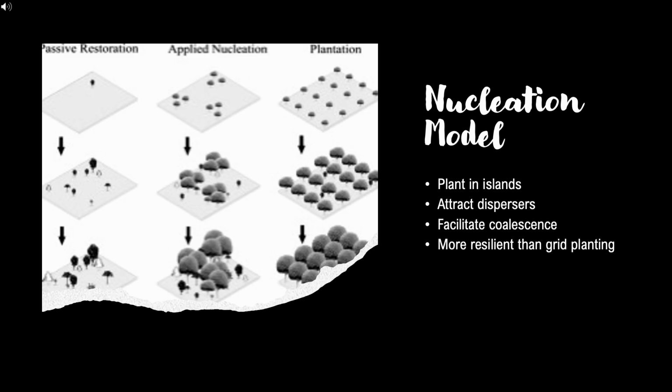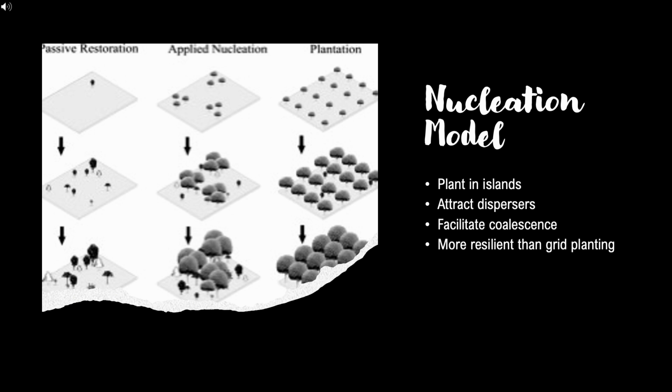And critically, these patches attract birds and bats, which bring seeds from the surrounding landscape into the restoration area. Over time, the nuclei expand and coalesce. They grow towards each other and eventually merge into continuous cover. The landscape self-organizes toward forest, guided by the initial planting design and assisted by the fauna you've attracted.